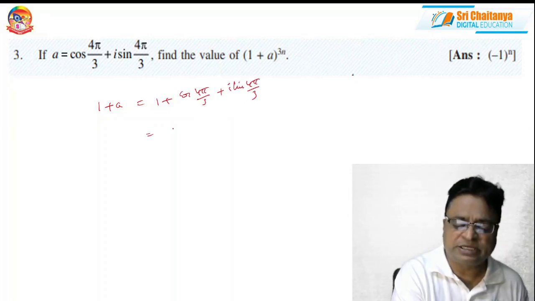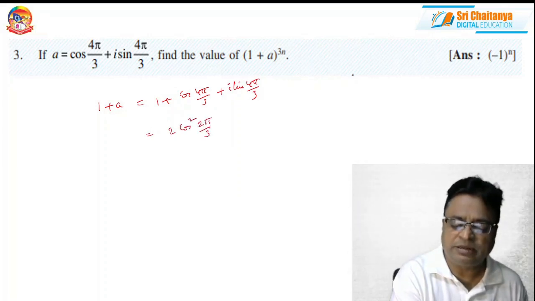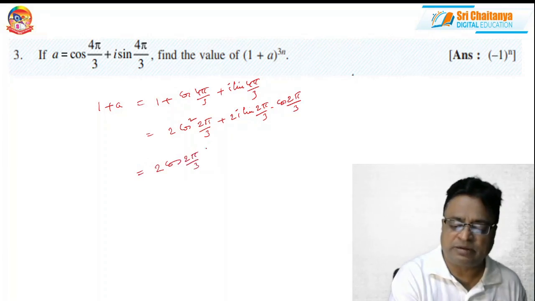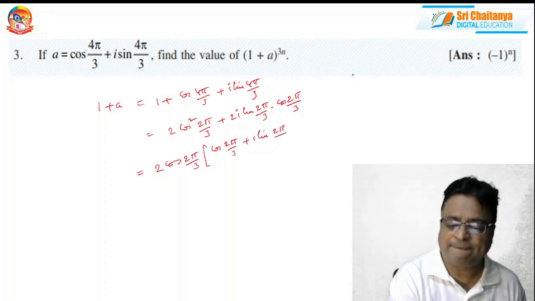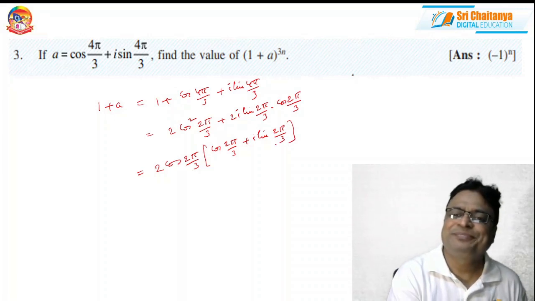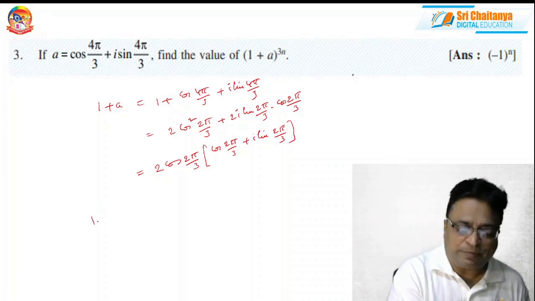This I can write as 2 cos square 2 pi by 3 plus 2i sin 2 pi by 3 cos 2 pi by 3. Here you take 2 cos 2 pi by 3 common. So this is 2 cos 2 pi by 3 times cos 2 pi by 3 plus i sin 2 pi by 3. Clear?